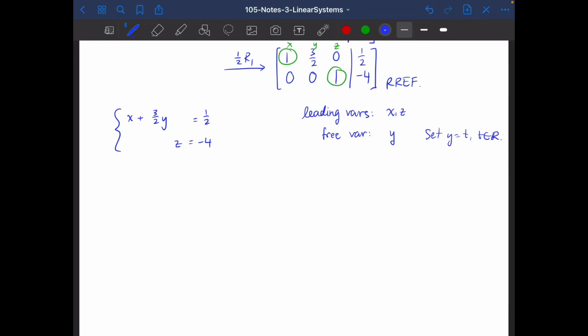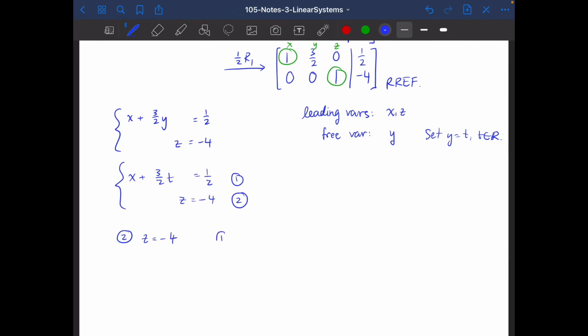And so now I will replace y by t. So I have x plus 3 over 2 t equals 1/2, and z equals minus 4. This is my new system of linear equations, which I can now solve using back substitution. The second equation gives me that z is equal to minus 4.